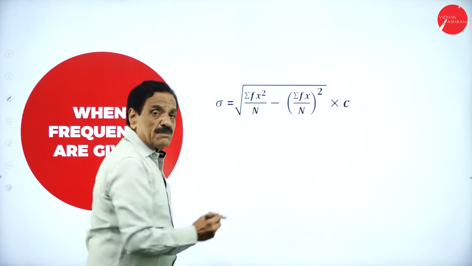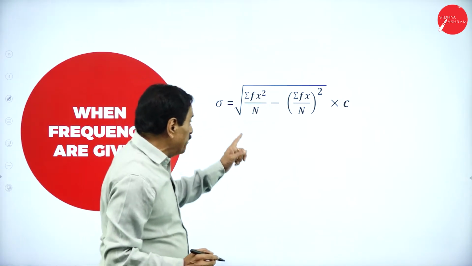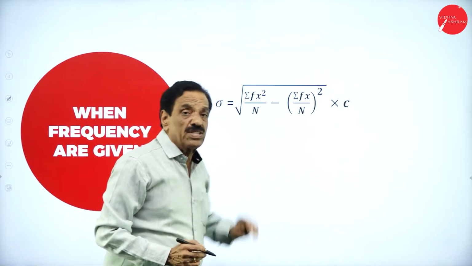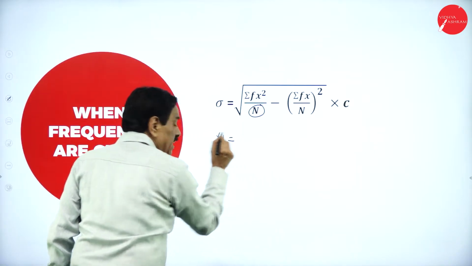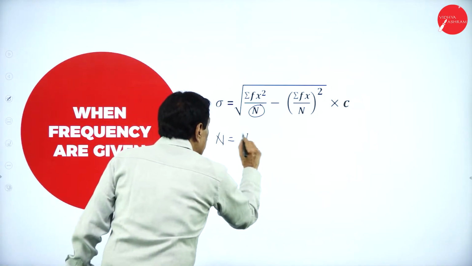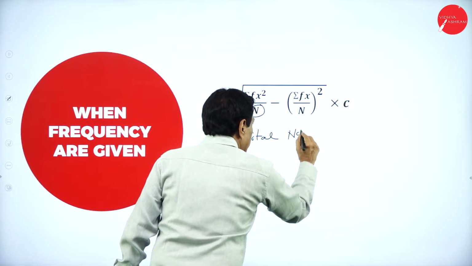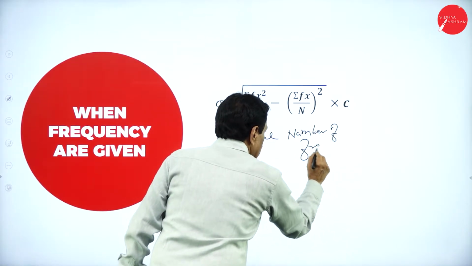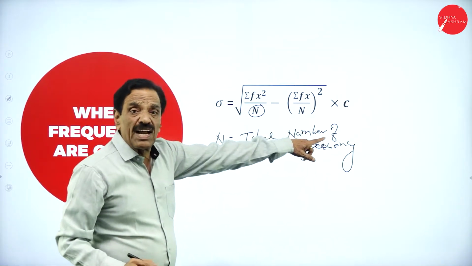Standard deviation is represented by this symbol: root of sigma fx square divided by n minus sigma fx divided by n whole square into c, where n is equal to the total number of frequency, and c is equal to class interval.